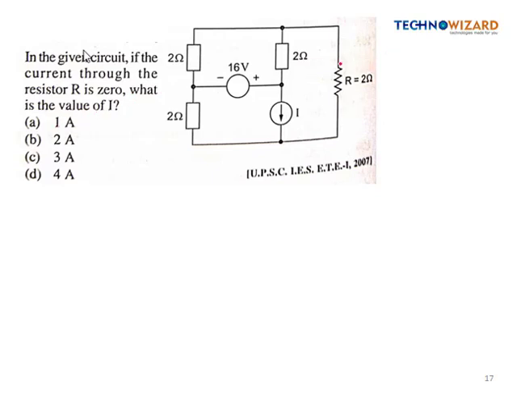Okay, so basically here the current through resistor R is 0. So if this is 0 current, here 0 current is coming, and from here I current is coming. So in this direction the current flowing is I plus 0, which will be simply I. Now from here also current I is coming.